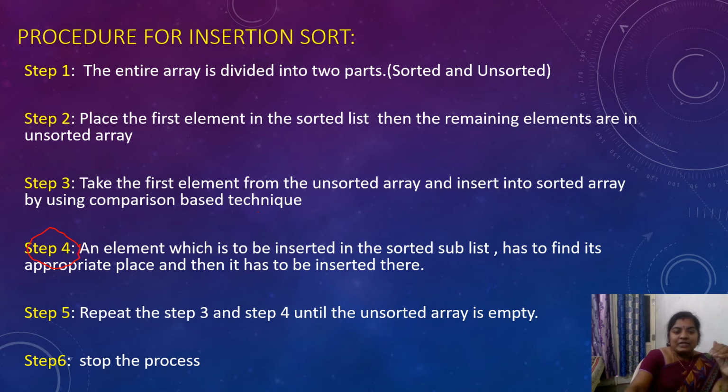An element which is to be inserted in the sorted sublist has to find its appropriate place and then be inserted there. The first element of the unsorted list is moved to the sorted list and placed in the appropriate position, which means the sorted position.